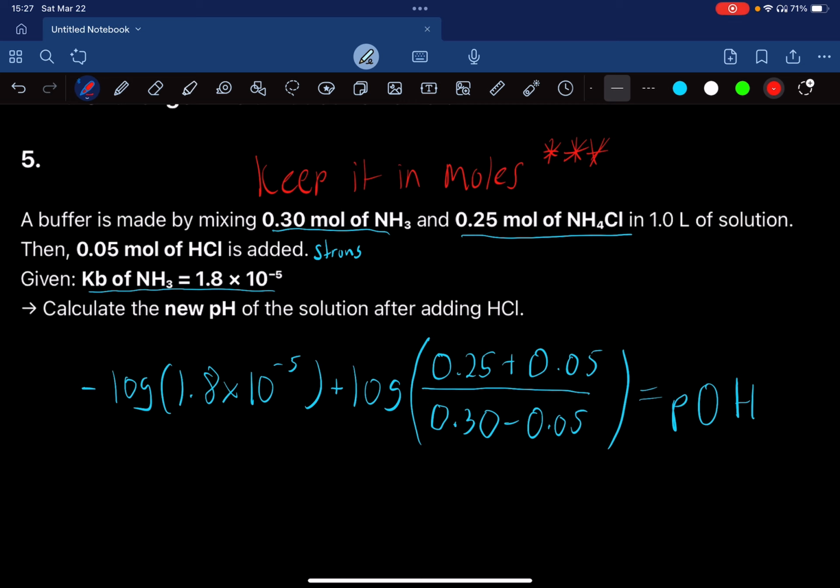Negative log of 1.8 times 10 to the power of negative 5 plus log of 0.30 divided by 0.25. And we calculate our pOH, which is 4.8, we'll make it 4.82.